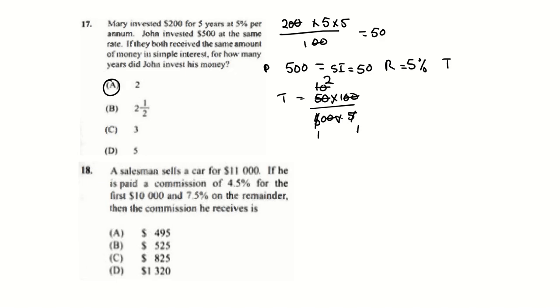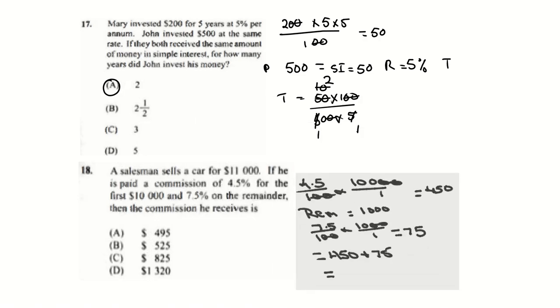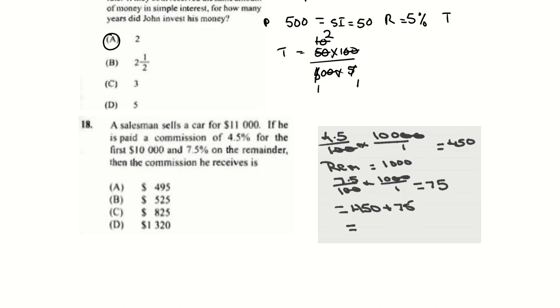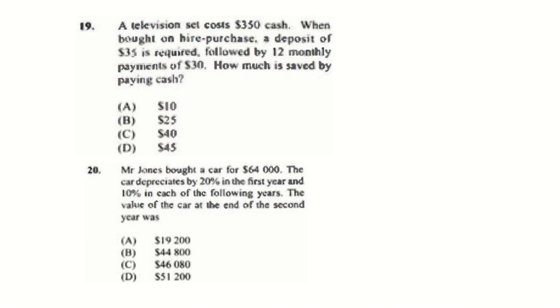So 4.5% for the first 10,000 was 450, and then 7.5% of the 1,000 would have been 75. 450 plus 75 is 525. So the answer for this is 525. B.